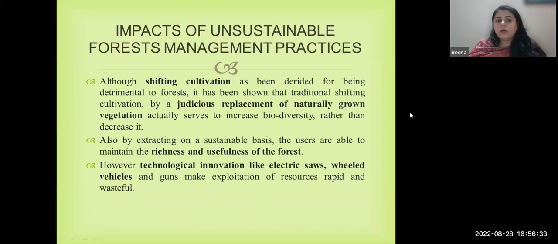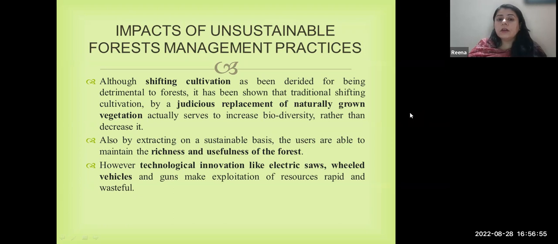Okay. So again, shifting cultivation. Earlier, shifting cultivation was considered as detrimental to forests. But now they have utilized that by shifting cultivation, they could give a time span to the natural environment of that area to rejuvenate itself to its original capacity, to its original biodiversity.